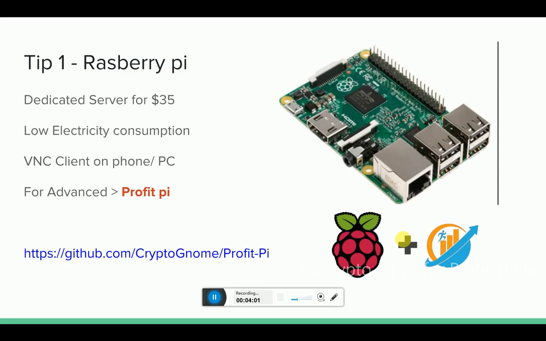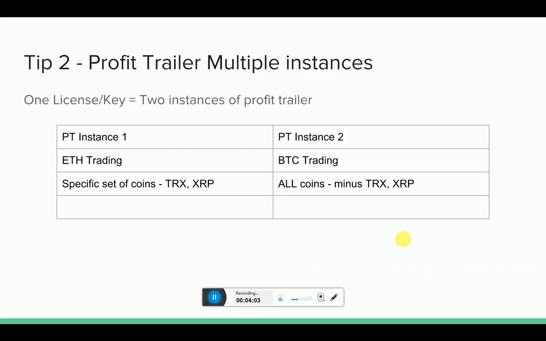All right. The tip number two I want to give you is a very important tip, something that I haven't seen many people using. Basically, when you purchase a license for Profit Trailer, you get two instances of Profit Trailer that you could run on the same key.